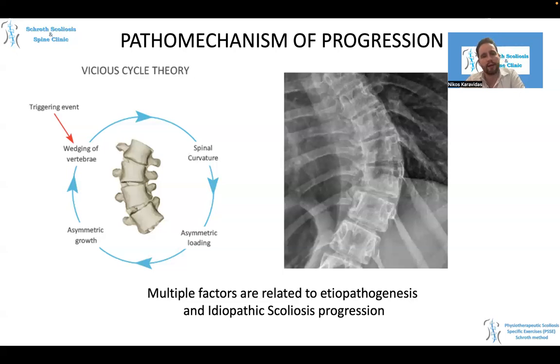But when the curve is more than 25 degrees, we need a stable correction during the day, and this is the role of the brace, to keep the spine in correction for many hours during the day. Therefore, for mild scoliosis, maybe scoliosis-specific exercises can be enough to treat the scoliosis, but when scoliosis is getting bigger and the patient is still in growth, we need a combination of brace and exercises.